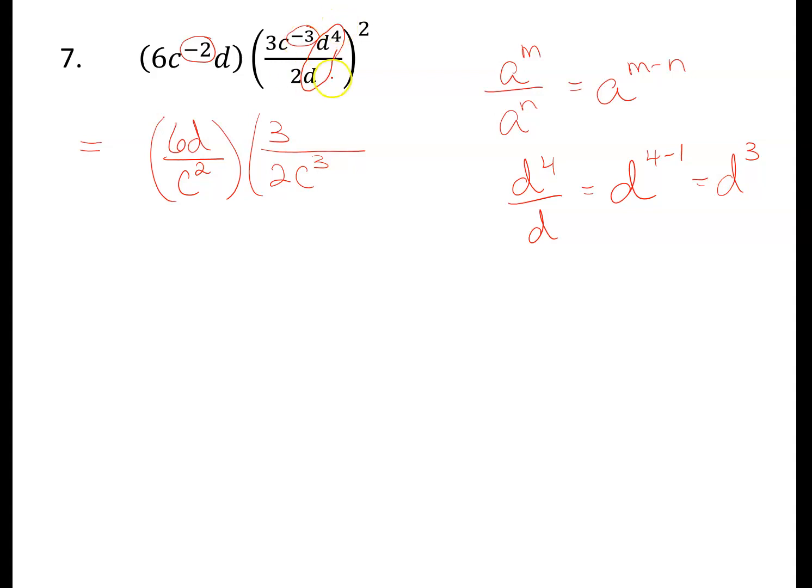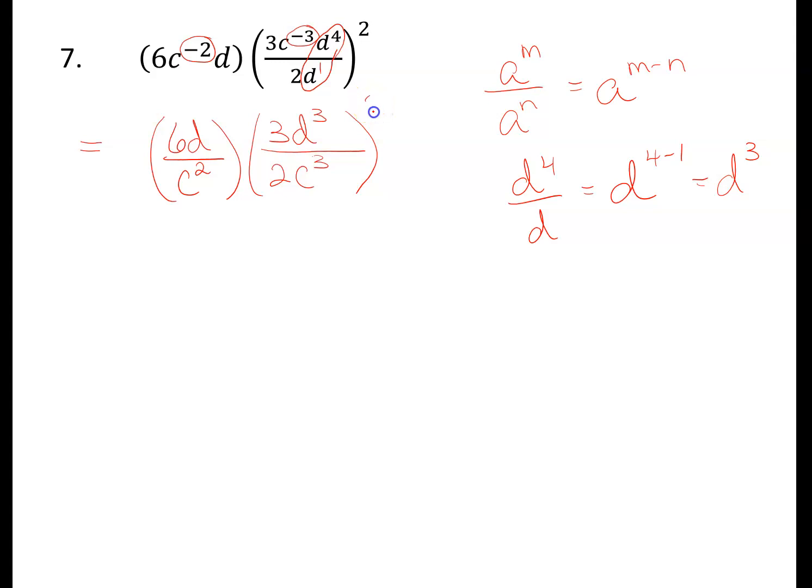And that would just stay on the top. Another way to know that it's on the top when you're simplifying like this is the variable is going to stay wherever the bigger exponent is. Since the 4 is bigger than the exponent of 1 and it's on top, then my answer would be on the top.